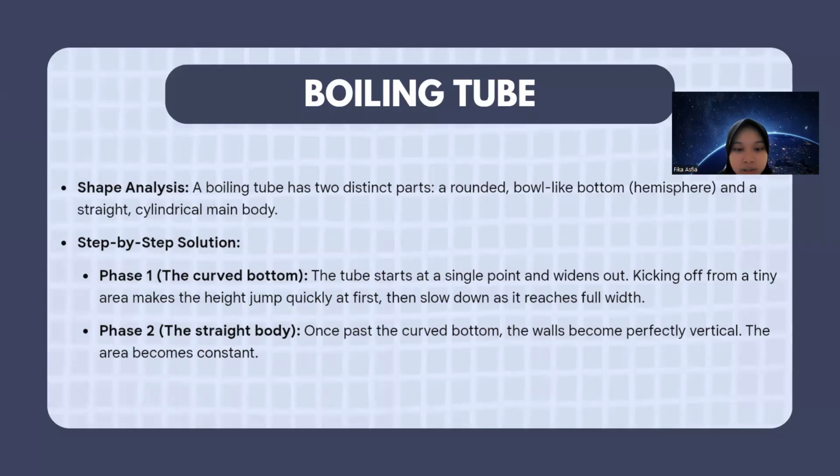However, once the liquid passes the curve, it enters the main cylindrical body where the walls are perfectly straight. Thus, the graph shows a small curve at the base and then transitions into a steady straight line.